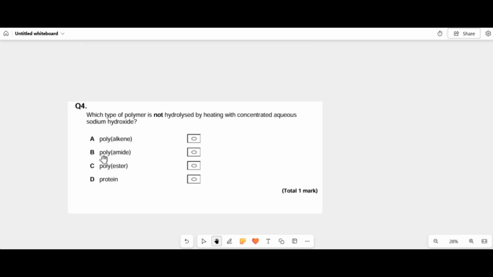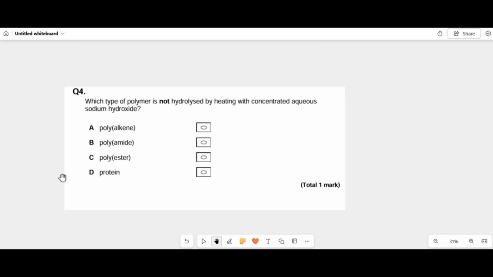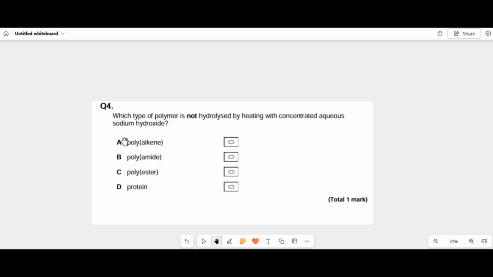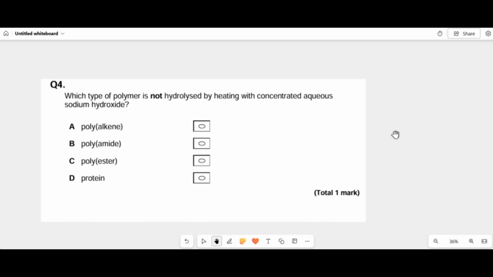Alright. Which type of polymer, because you can see the linkage right there. You can't have something like this where it's on the edge. Alright, which type of polymer is not hydrolyzed by heating with concentrated aqueous sodium hydroxide?